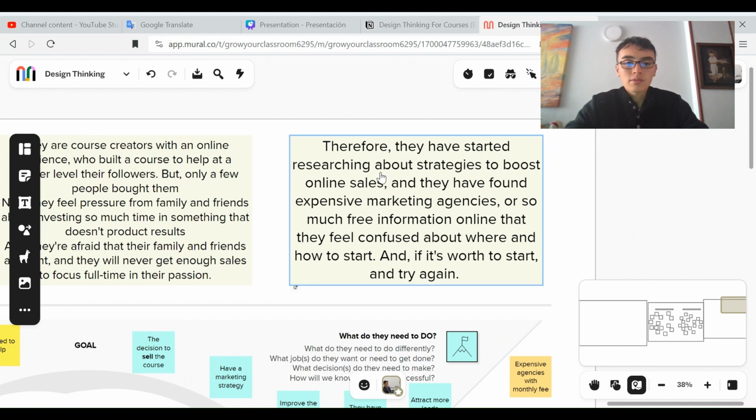Therefore, they have started researching strategies to boost online sales, and they have found expensive marketing agencies or so much free information online that they feel confused about where and how to start and if it is worth it to start and try again. So, that's the way you start your design thinking journey.